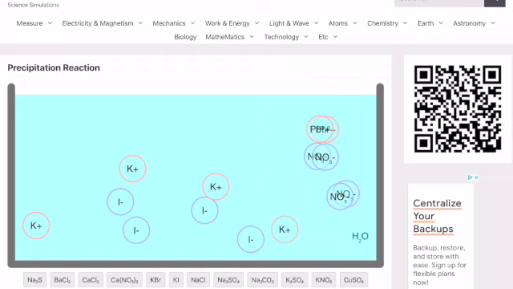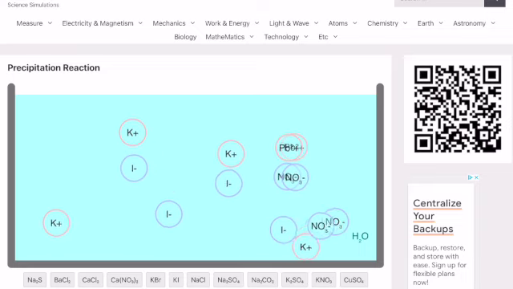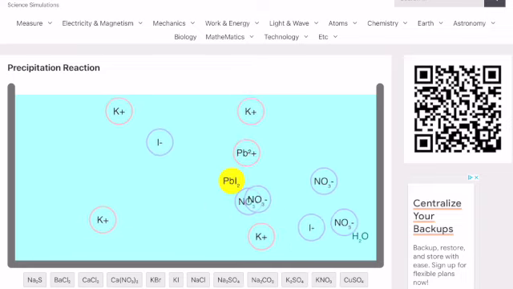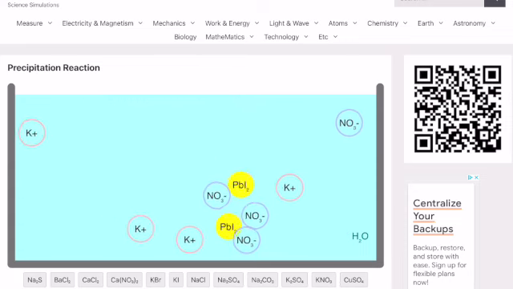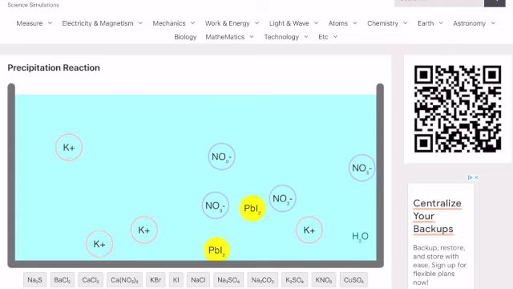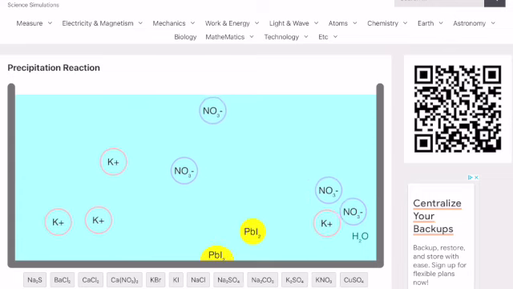We know that in both of these instances, the attractive forces between the water and the ions are greater than the attractive forces between the ions themselves in potassium iodide or lead 2 nitrate. So we just have two aqueous solutions in here. Once we let this run and let these ions interact with one another, we form this lead 2 iodide.